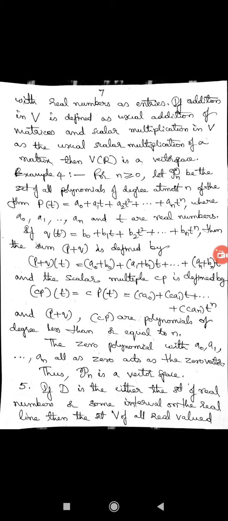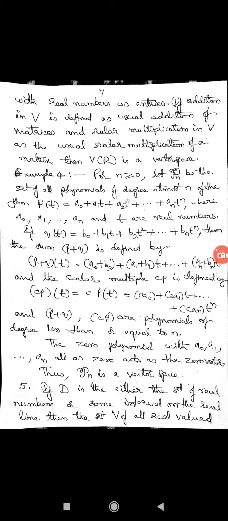And the next example, example 4, is the set of all polynomials of degree at most n, where n is greater than or equal to 0.